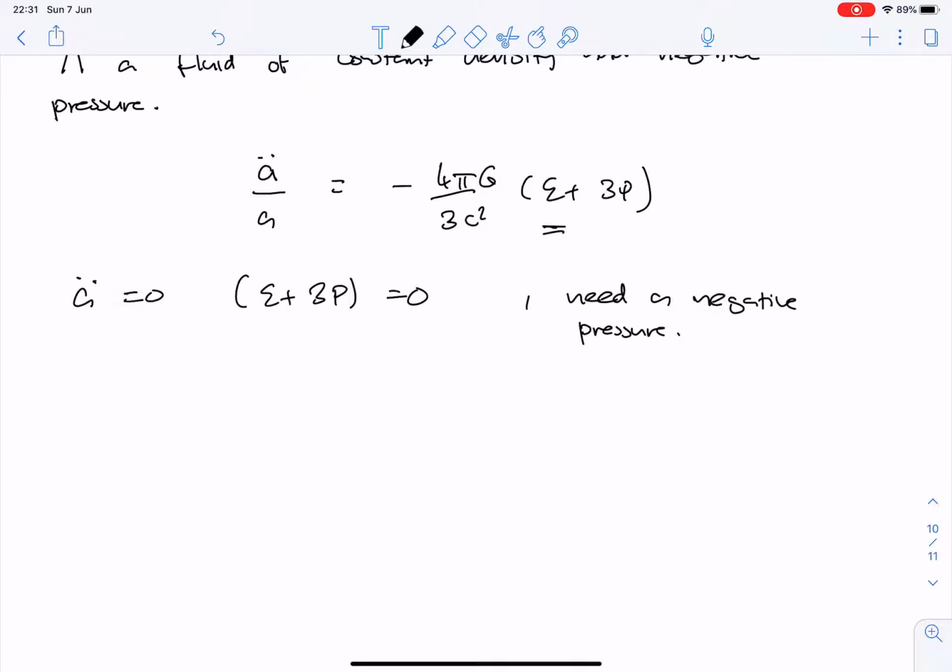So the very last thing we can do is just solve these equations that we've come up with and actually see how the universe evolves with cosmic time. And the first thing we want to do is look at the evolution of the energy density.